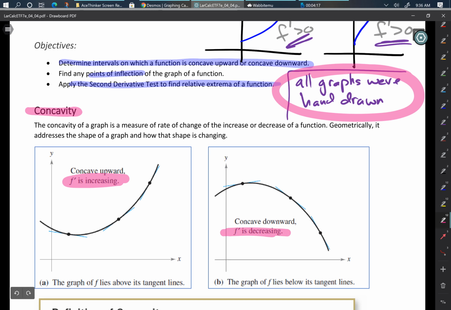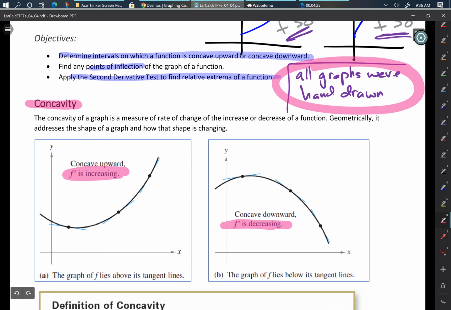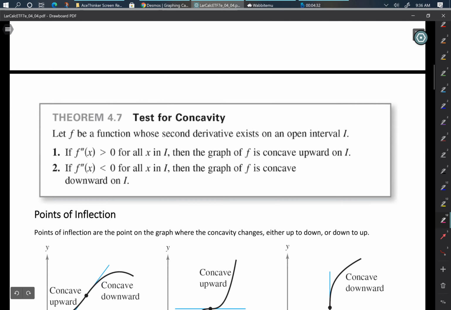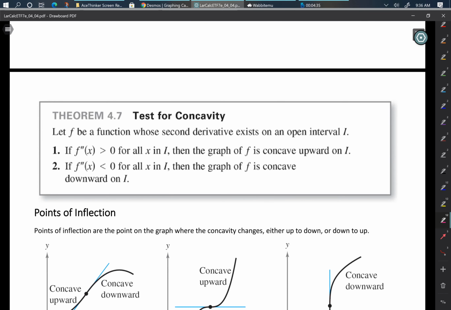Is the first derivative decreasing? If so, then tangent lines lie above the graph, and the graph is said to be concave downward. So then how do I know whether the first derivative is increasing or decreasing? I'm going to use the second derivative as a measurement of the rate of change of the first derivative.